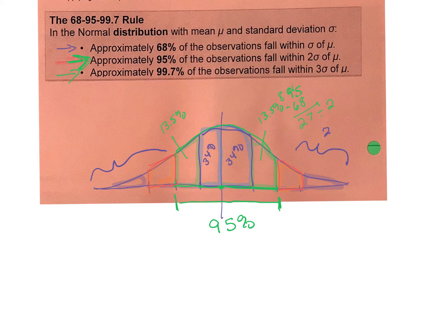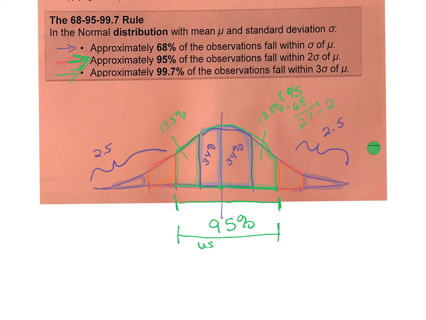So out here at the ends, this is 2.5%. But we're going to be more precise and look at each individual one of those slices also, because you've got to get those numbers memorized as well. I want you also to know that 95% is a huge chunk of the information there, from 2 standard deviations below to 2 standard deviations above.